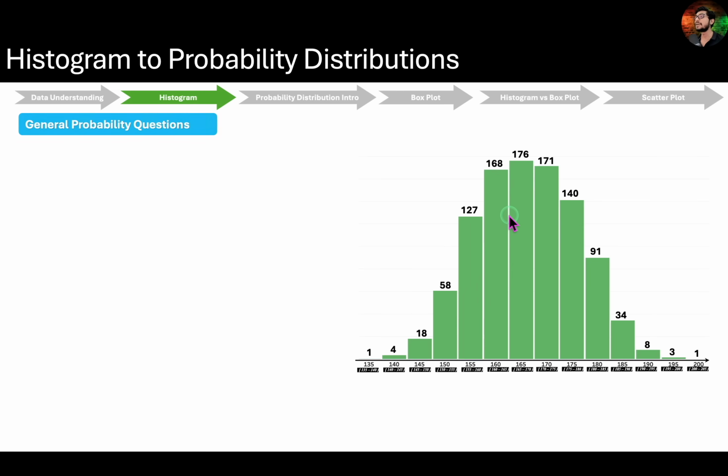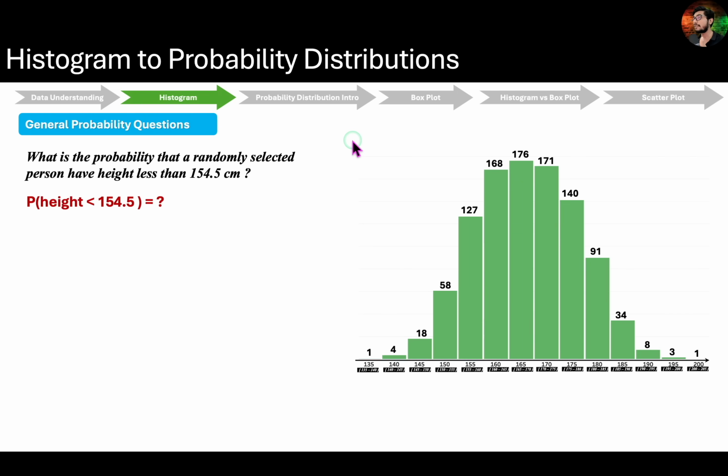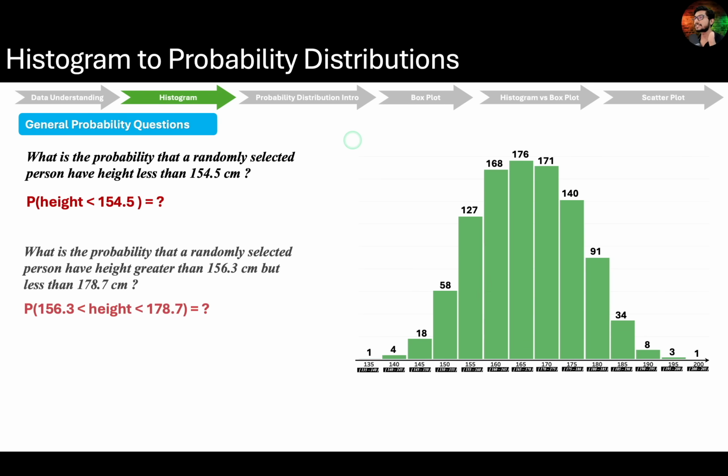Let's examine what happens when we are given a general height range that doesn't align perfectly with the bin boundaries. Consider a few example questions. What is the probability of randomly selecting a person whose height is less than 154.5 centimeters? Or someone whose height lies between 156.3 centimeters and 178.7 centimeters?